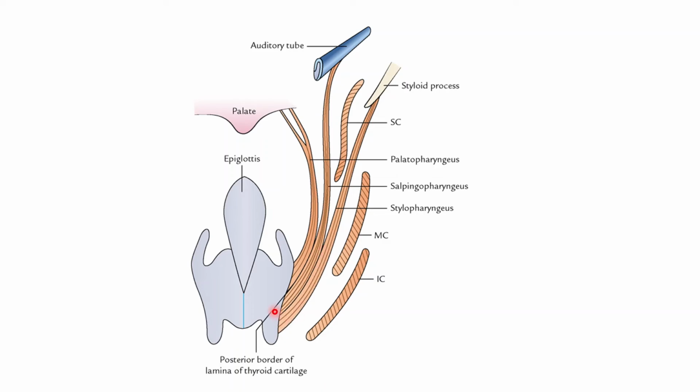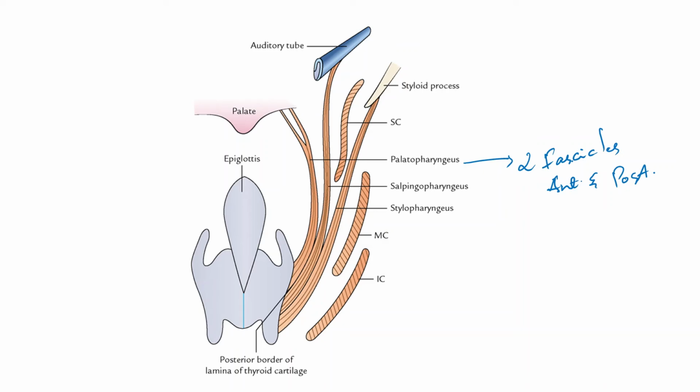The palatopharyngeus muscle takes its origin from the palatine aponeurosis. The origin of this palatopharyngeus is a bit different, as it originates in the form of two fascicles, the anterior and the posterior fascicle, from the upper surface of the palatine aponeurosis.